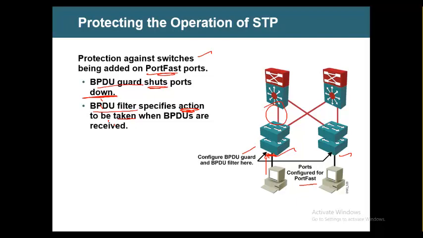BPDU stands for Bridge Protocol Data Unit. They are tiny packets that are sent between the switches every 2 seconds. These packets are the reason behind preventing loop. So between the switches, these BPDUs are really appreciated, but not from a computer.